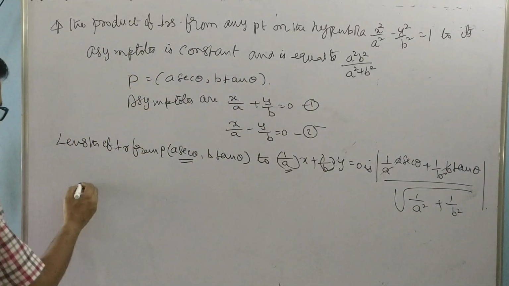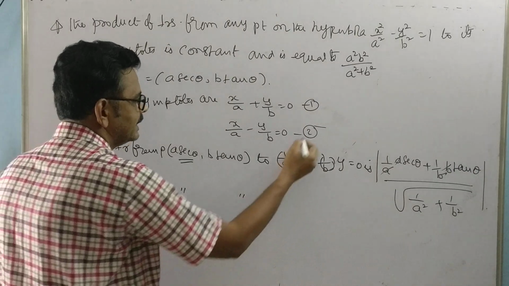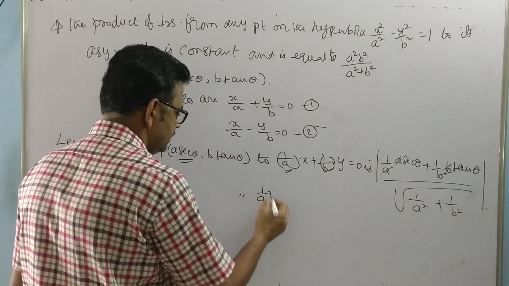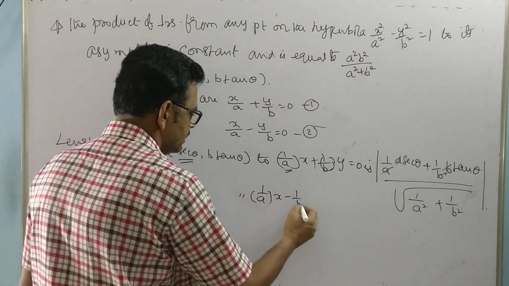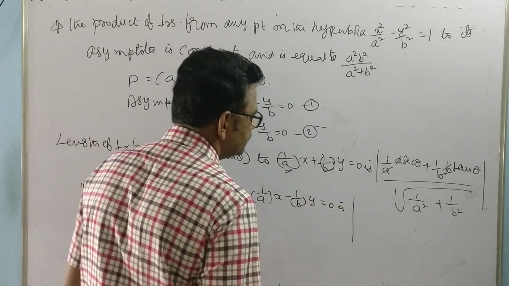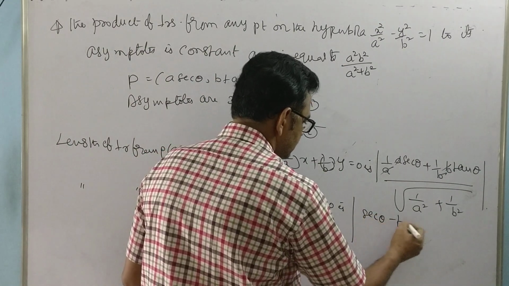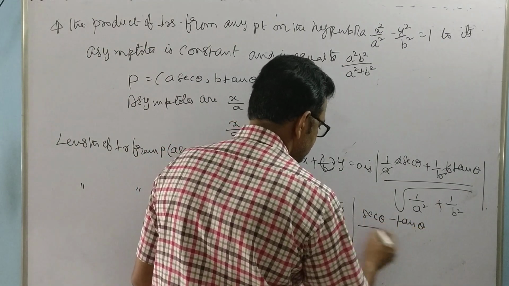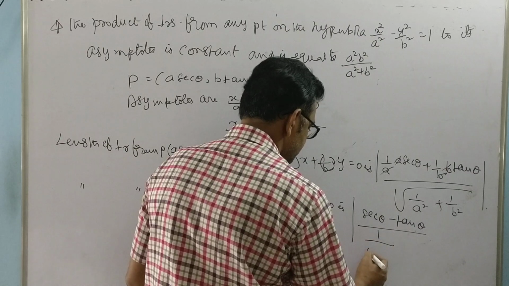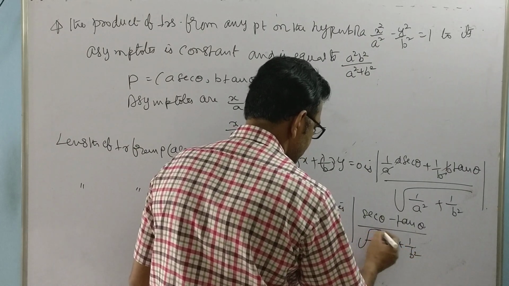Now similarly, the length of the perpendicular from the point P to the second line, (1 by a) x minus (1 by b) y equal to 0, is the mod of secant theta minus tan theta by root of 1 by a square plus 1 by b square.